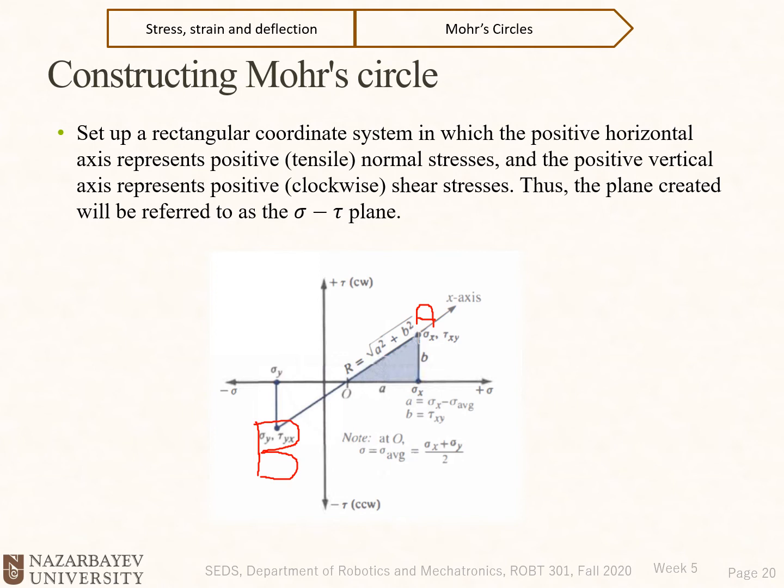What is a? It is sigma x minus average, and b is equal to tau xy value. You see, we could easily find the center of the circle and the radius of the circle. Now we have almost constructed our circle.